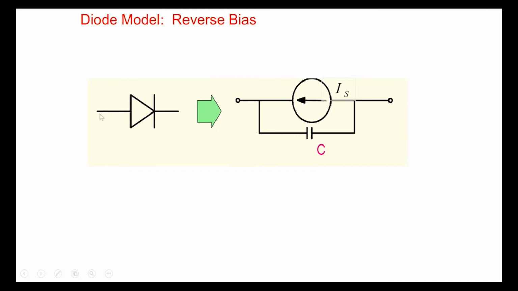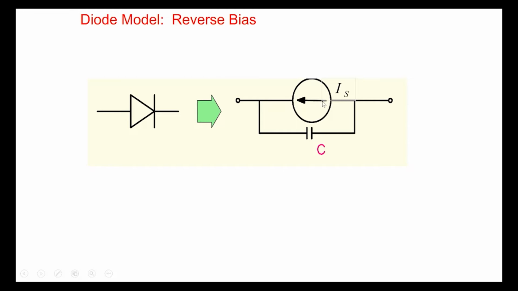In the reverse bias, when we apply a reverse bias, we saw that the current in the diode is constant, the reverse saturation current. And in the reverse bias also, there is a capacitance acting inside the diode. Of course, this model is valid as long as we are below the breakdown voltage.